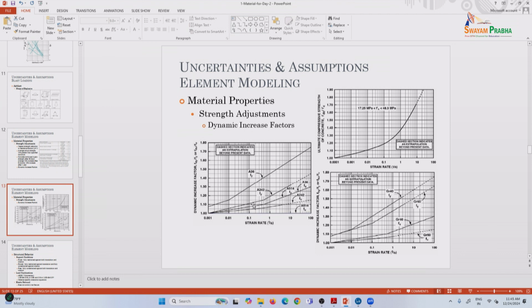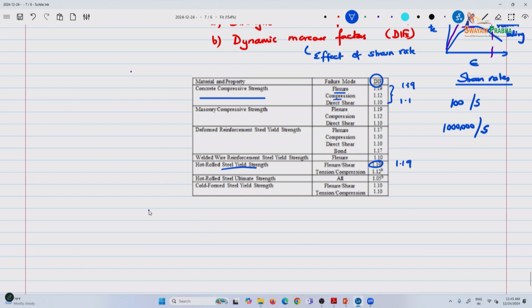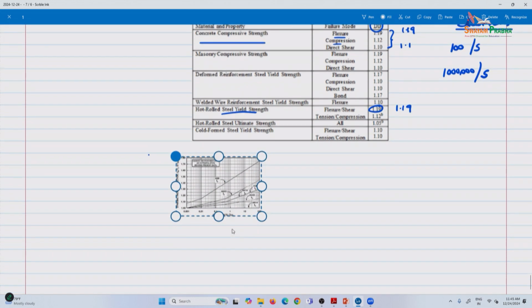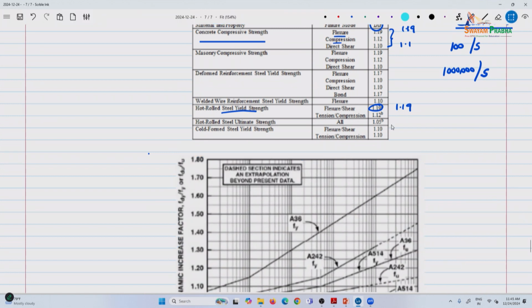I thought I did, but I may not. But let me pull some of these, and you might find a good addition to something like this at the end of this course. So these are dynamic increase factors.